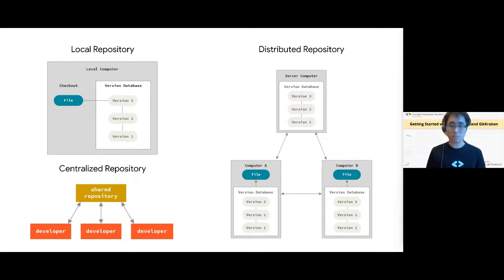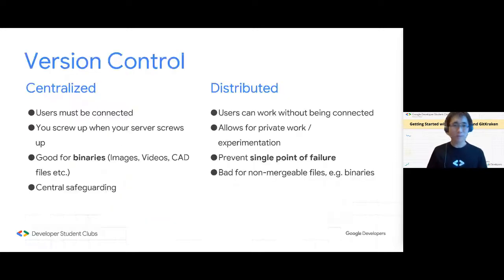The server will probably say, oh, this is not correct, I reject everything. But if let's say the server computer explodes, well, it can still restore from computer A and B, right? Because the whole history is saved on both of these computers, right? Okay, so in general, for version control, we have two types, centralized and decentralized.